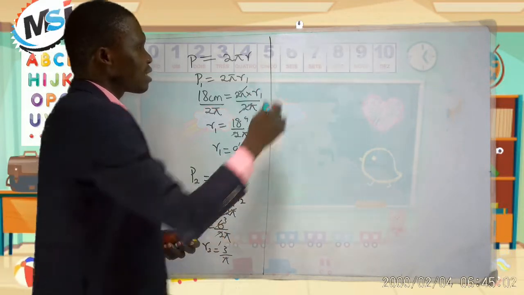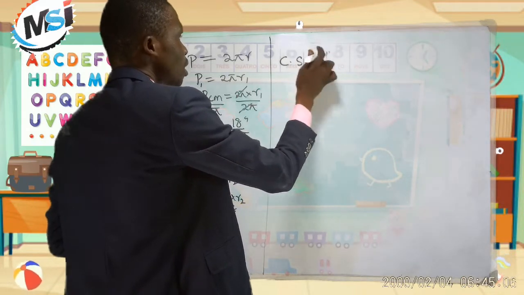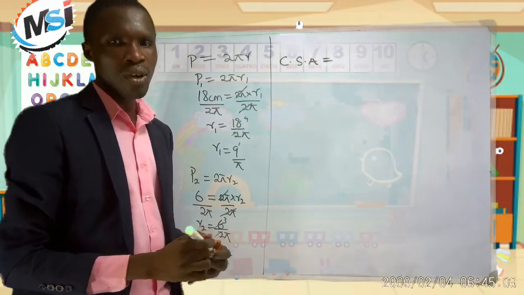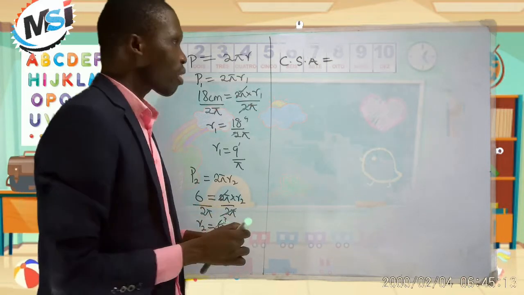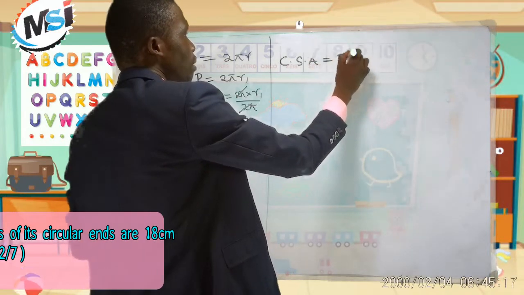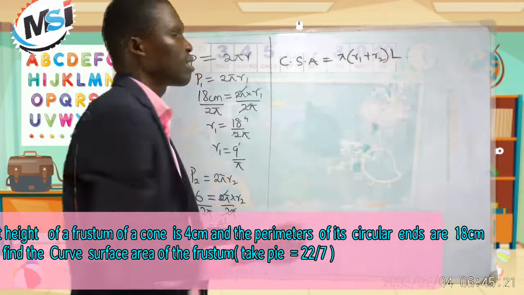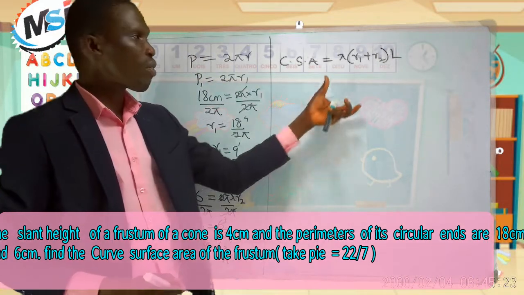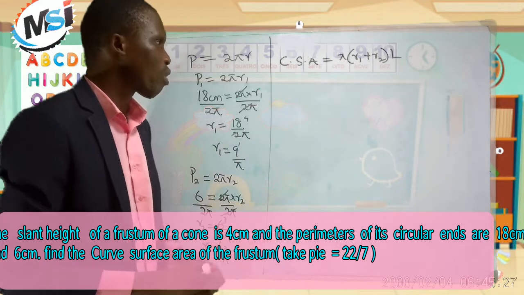Our formula is: curved surface area equals pi bracket R1 plus R2, times L. So this will give us the curved surface area of the frustum of a cone.